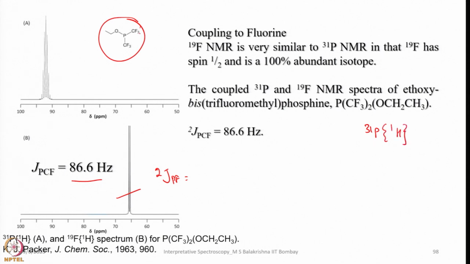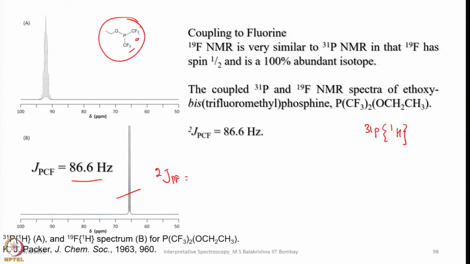In this one, since these two are identical, 6 fluorine atoms together split this phosphorus signal into a septet. You can see here 7 lines are there. And of course, one can also look into 1H NMR, which we had discussed with plenty of examples, so it's not needed. So one can clearly see how simple it is to interpret data obtained from 19F, 13C and also 31P NMR.